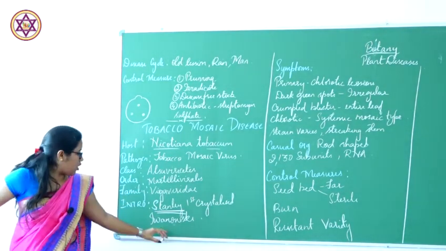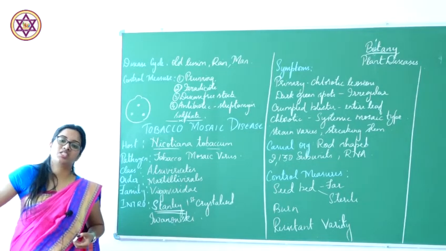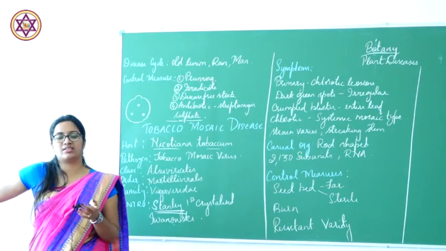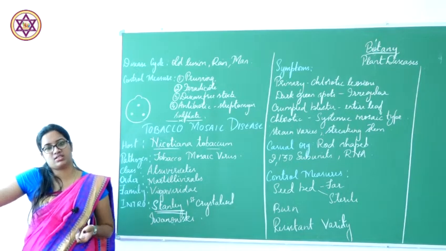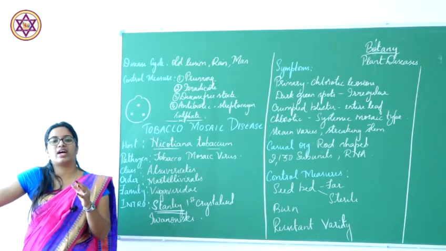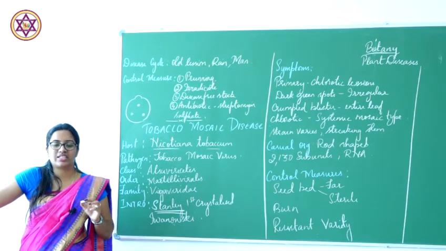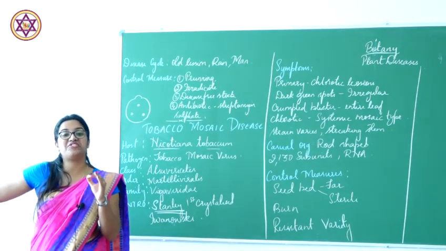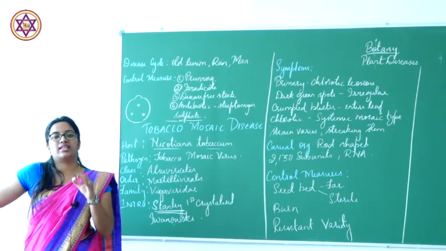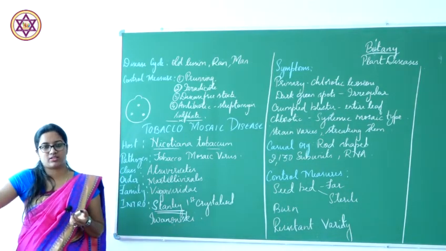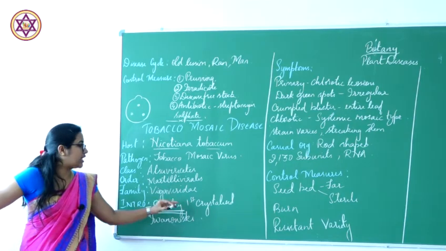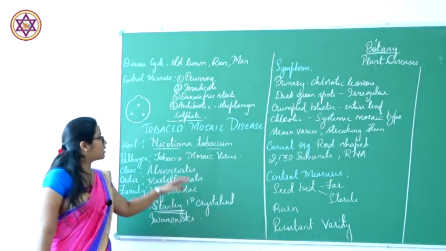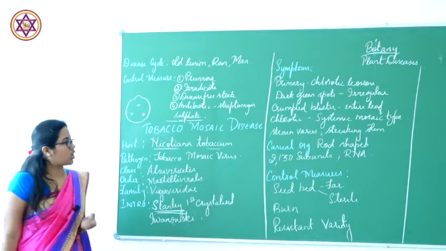So Iwanowski said that there must be some organism much smaller than the bacteria which is causing this disease. In that particular leaf extract, the virus can be viable for 25 years, okay. Now, Stanley then crystallized those compounds and found out that the virus is the causal organism.